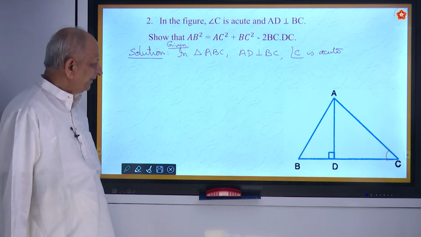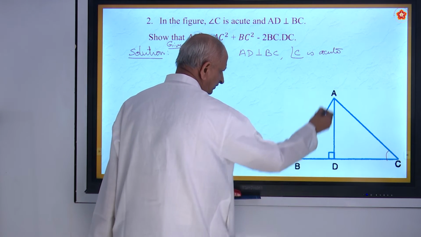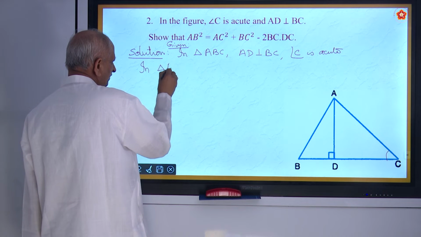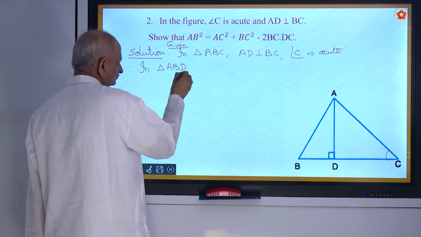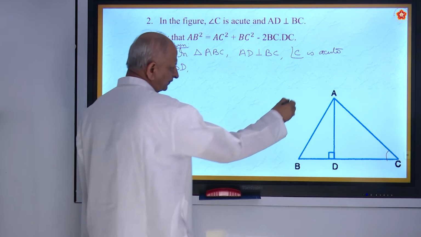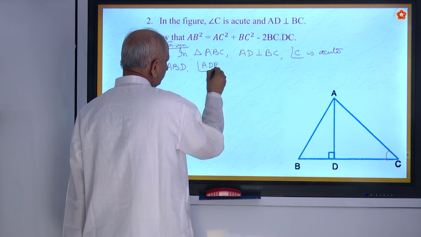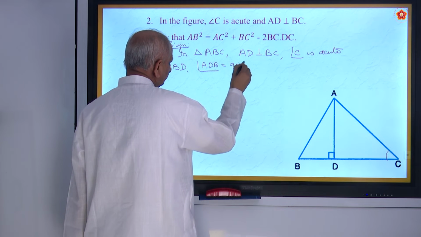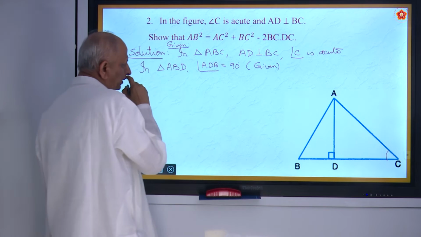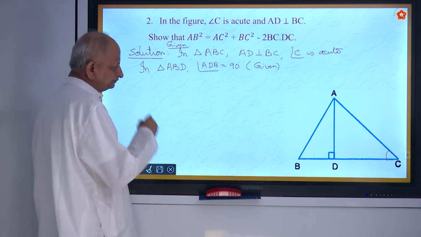Now you have to find out AB square. For AB square you have to take this triangle. Is it not? In triangle ABD, angle ADB is equal to 90 degrees. That is given, because AD is drawn perpendicular to BC.